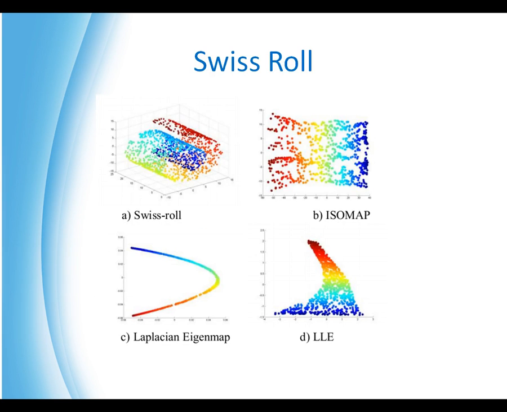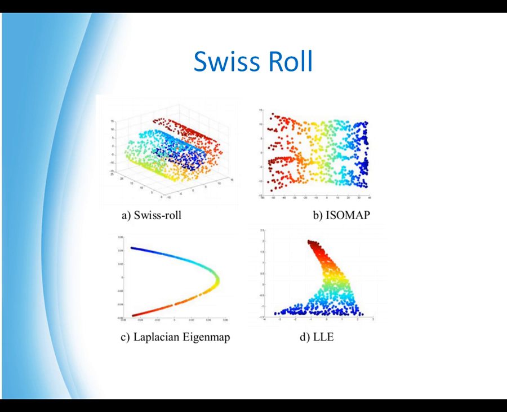Now we see some of the examples. Let's say Swiss roll, the data set we discussed at the first. If we perform isomap on it, it can clearly be unrolled. As you can see, the blue portion, the green portion, and the yellow and the red, they follow the same order as in the three-dimensional space in the original data.